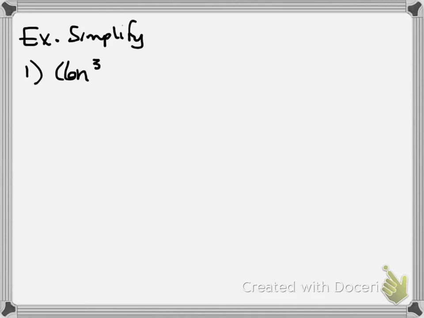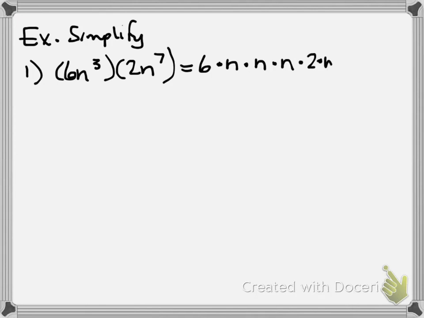So we have 6n cubed times 2n to the 7th. So I'm going to rearrange this problem because mathematically it would look like this. 6 times n times n times n times 2 times n, 2, 3, 4, 5, 6, 7. Okay? So 2 of those things are not like the others.